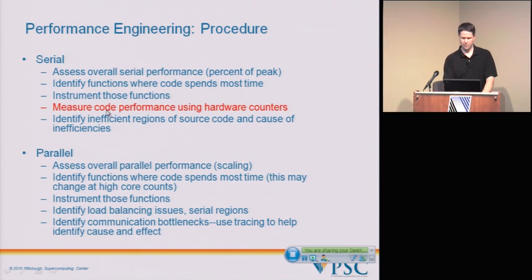And so now, if we want to look at the serial performance, we can take a look at using hardware counters to get more information about how the code is performing, in those specific areas that we're interested in, not just overall, but in specific regions of the code, a given function or even a given line of the code, if we wanted.